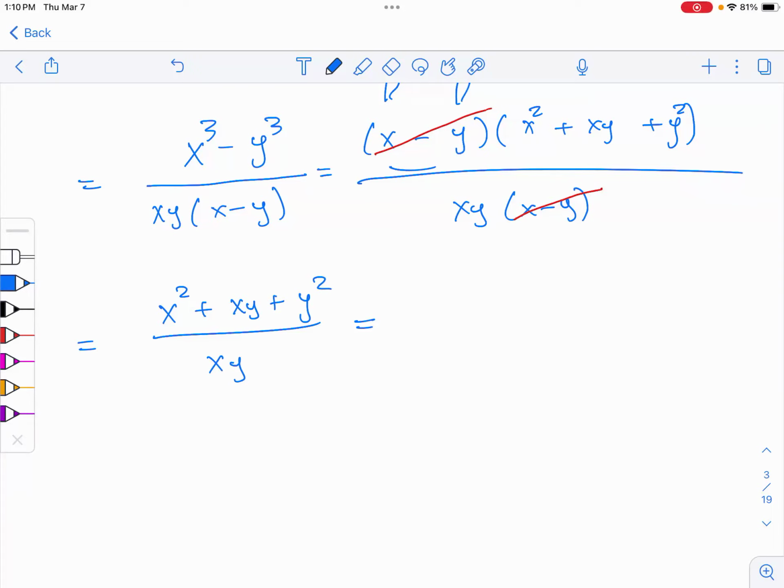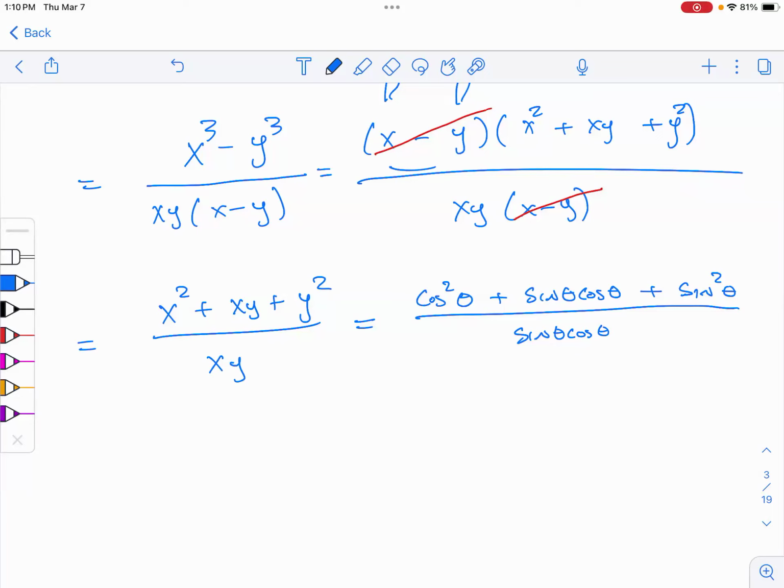Time to go back to sines and cosines. And now this is where establishing the identity becomes slightly different than just simplify.